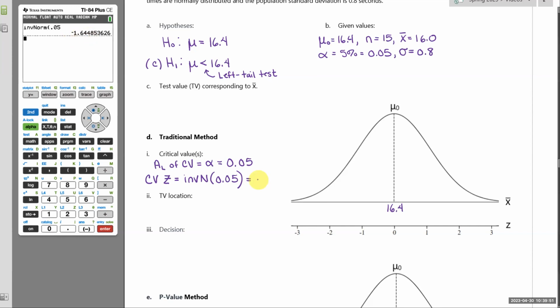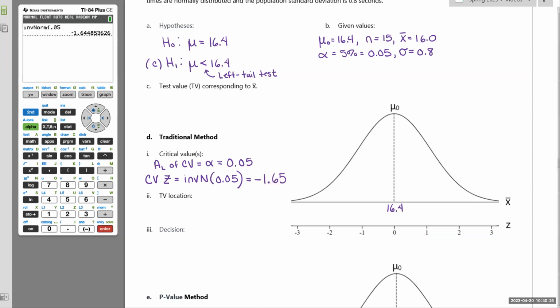But in our textbook, we use negative 1.65. So the results of this test at the end will be the same, whether we use negative 1.65 or negative 1.64. And it really doesn't matter which one you put, even on Alex. But when we do 2 decimal places, this is the one that our textbook uses. So I'm going to stick with that as we've done in the past.